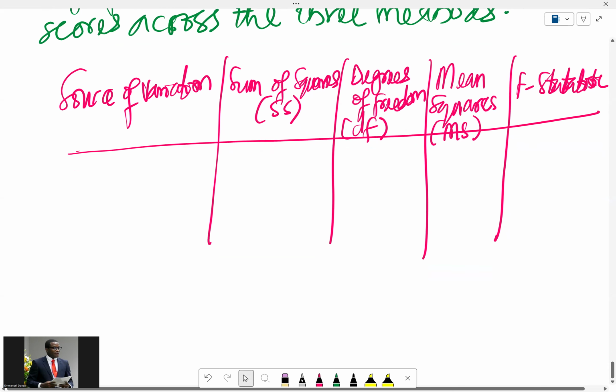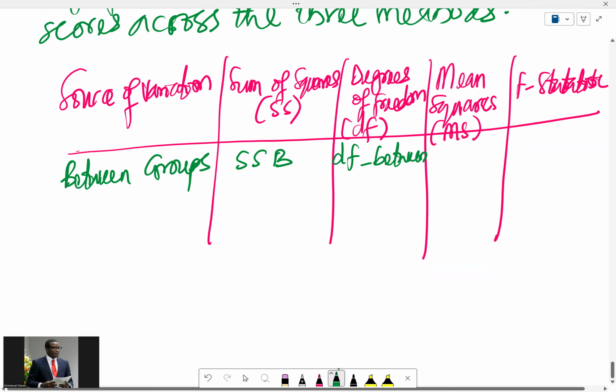Now, first for source of variation, it can be between groups. Between groups you have sum of squares between, degrees of freedom between groups, and mean square between groups.